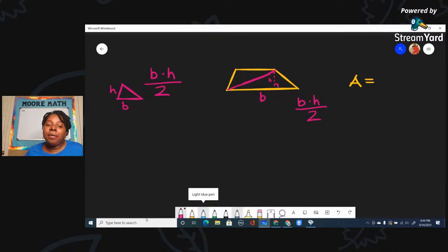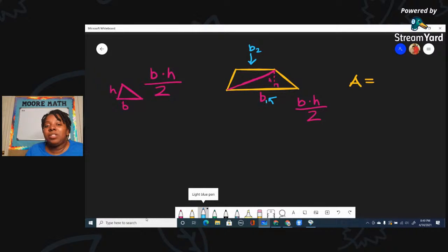Now for this triangle right here, again, we have to draw in our height. So here's our base right here, where the arrow's pointing. That base is different from this other base. They are not the same length. So we're just going to call that base 2.